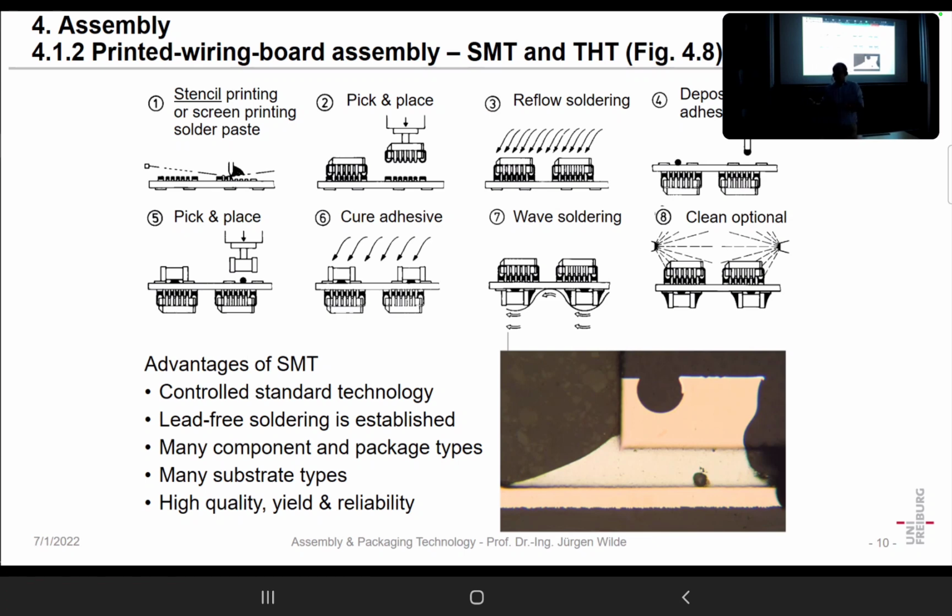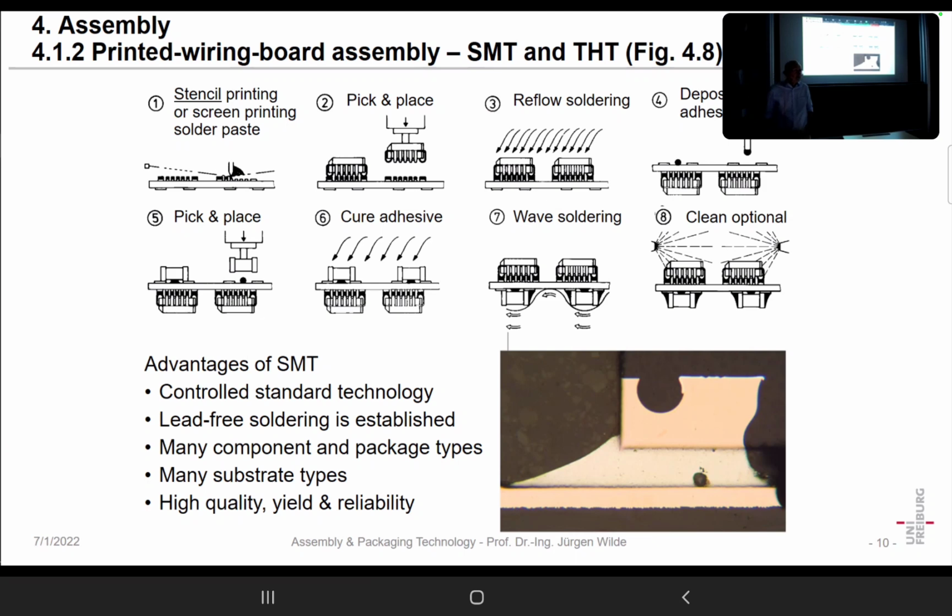So you can make a design, purchase the chips, and give all of that to that company, and they do the assembly and also the testing for you, and that is a so-called EMS company, which means electronic manufacturing service. And there are quite a number of such companies around here, around Freiburg, because we have a very important electronics industry around here.